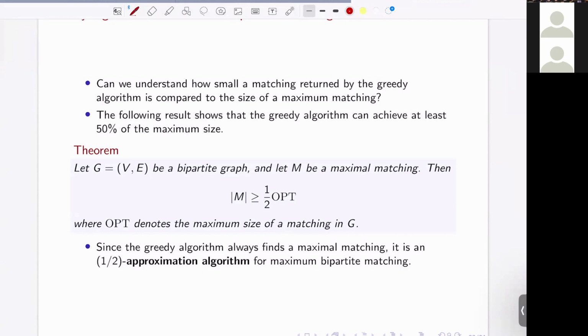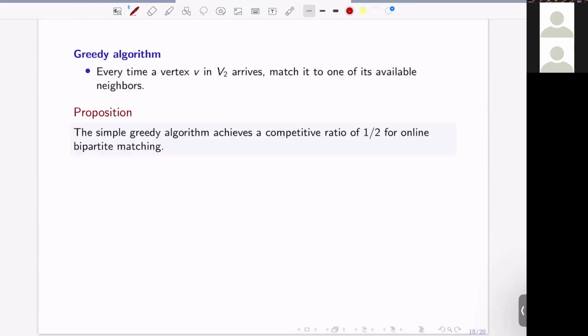For any maximal matching, it doesn't have to be the output of the greedy algorithm, but for any maximal matching, its size is always at least half of the size of the maximum matching. We saw this. Yeah, so we are looking at the unweighted case for online bipartite matching now. So the theorem just follows from the fact that the algorithm always finds a maximal matching.